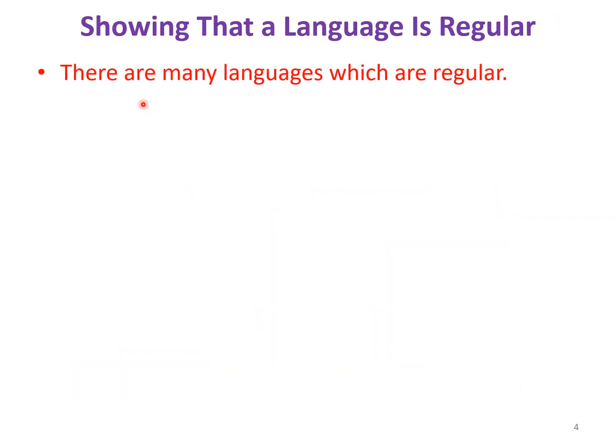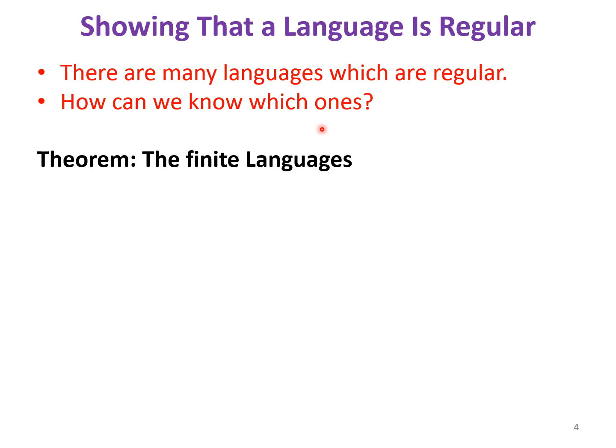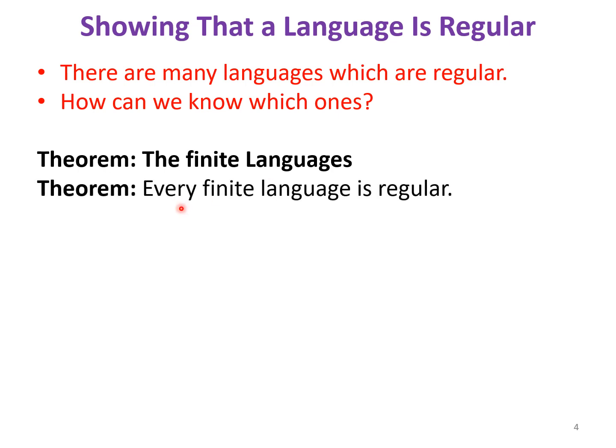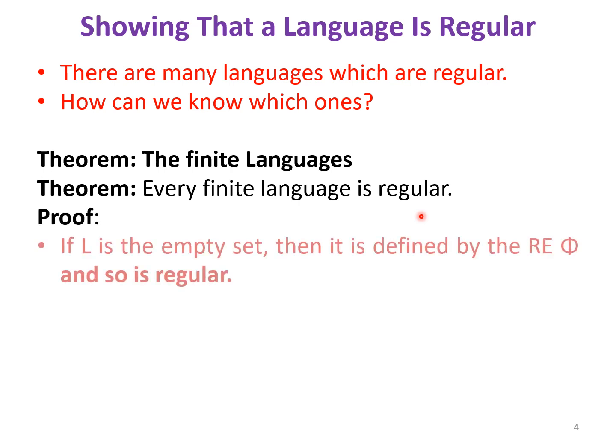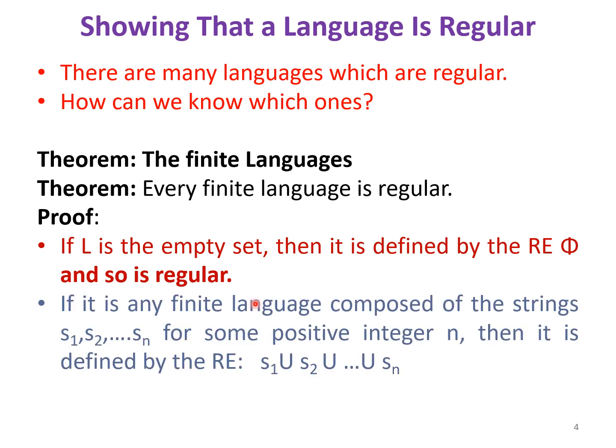There are many languages which are regular, but how can we know which ones? For that, the theorem states every finite language is regular. As a proof, if L is the empty set, then it is defined by the regular expression null, and so is regular.